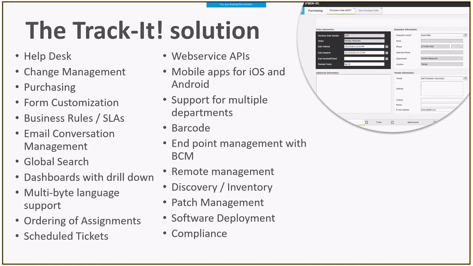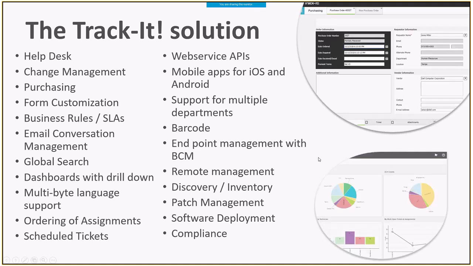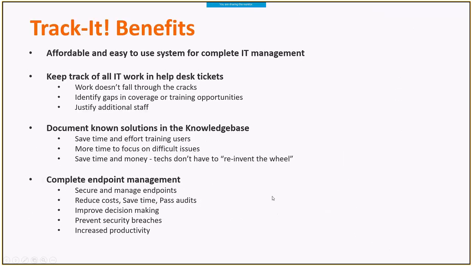Barcode is another option. Particularly if you do a physical inventory and you want to go out and capture and match up what's actually going on out there in the wild with your electronic data that's been collected. Endpoint management, as I just talked about with BMC client management, remote control, patch management, software deployment, compliance, which we talked about. And then there's some dashboards there for you.